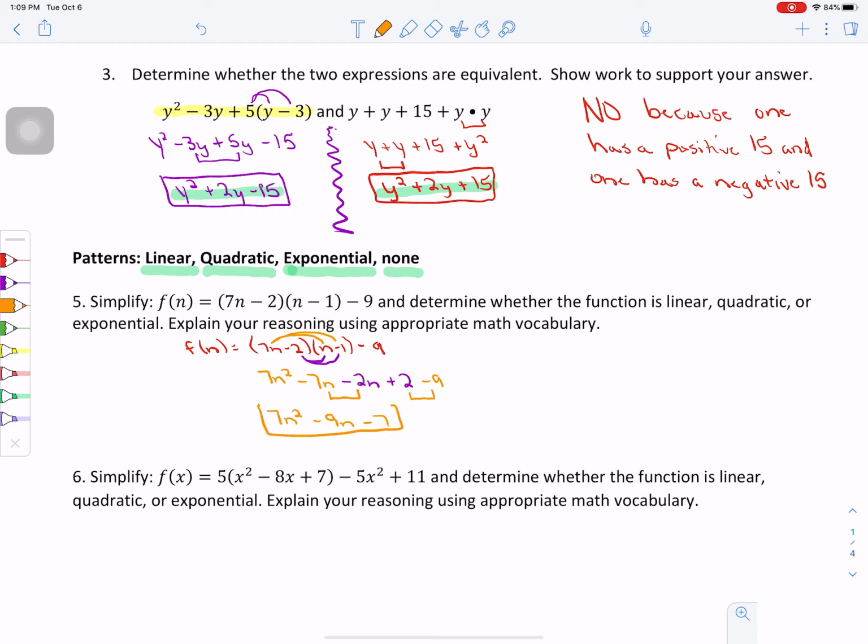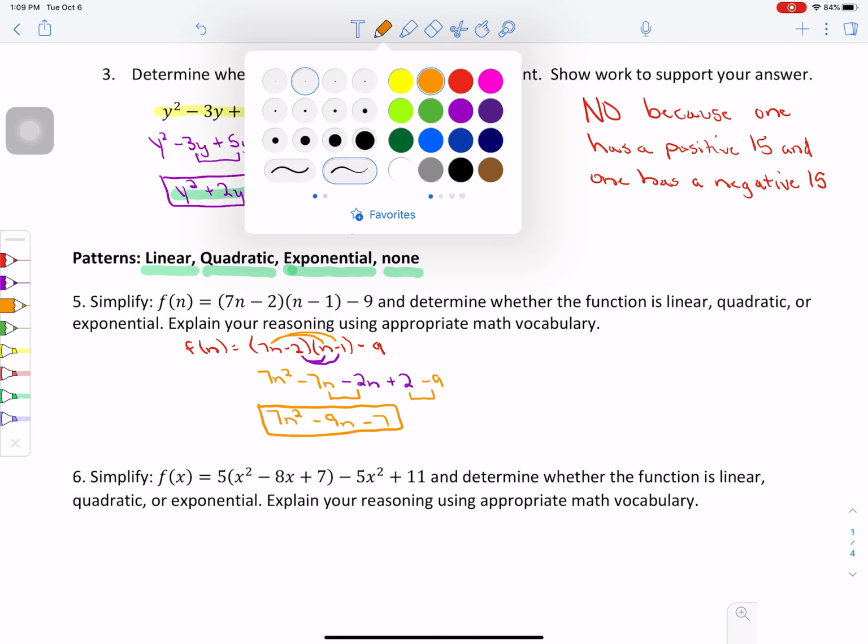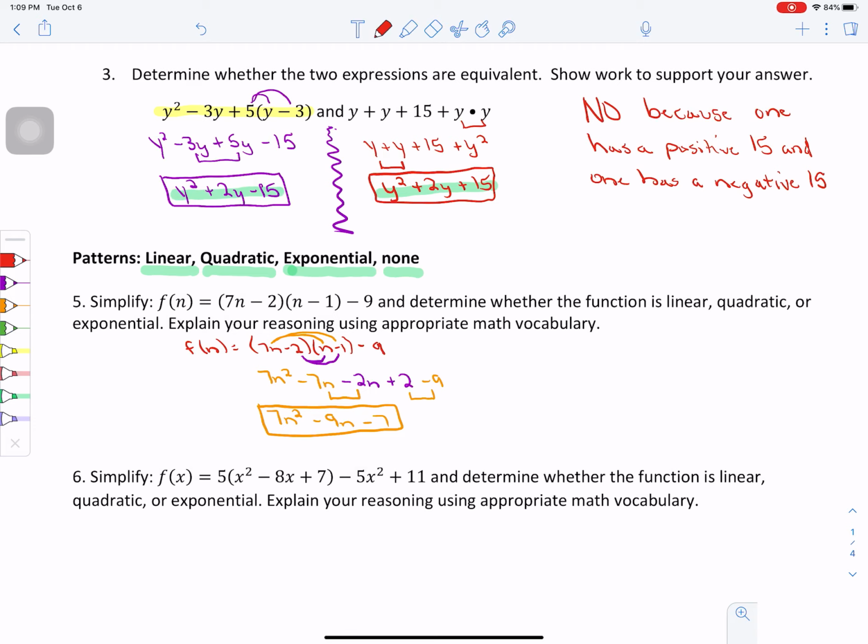Now, based on simplifying this expression, we can now identify which function family it's a part of. In this case, it's a quadratic.